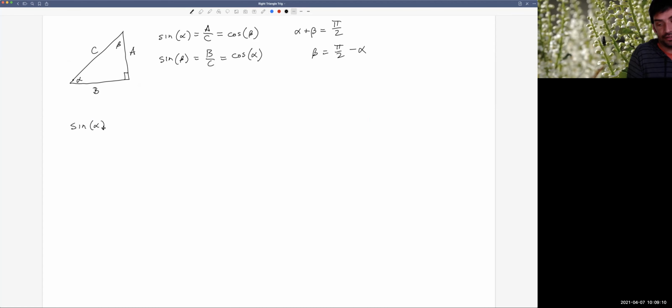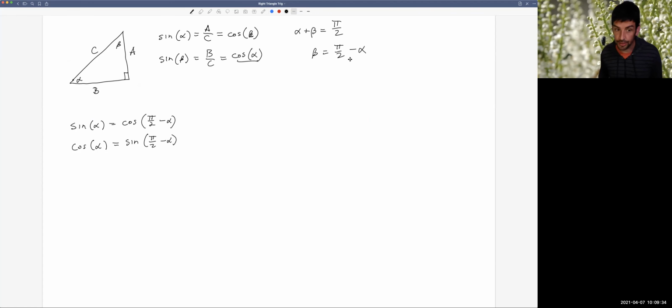Sine of alpha is equal to cosine of beta, but beta is pi over 2 minus alpha. We also get cosine of alpha is equal to sine of pi over 2 minus alpha, right? This is this one. Cosine of alpha is sine of beta, but beta is pi over 2 minus alpha.